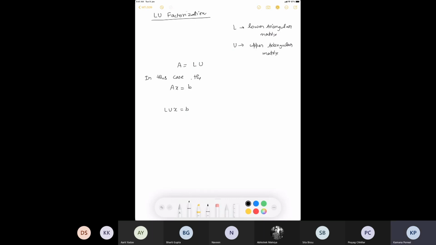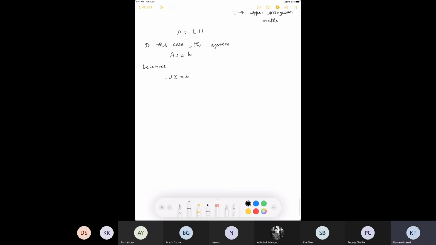Now, if I call Ux as the new variable, let's call it z, because U is an upper triangular matrix and x is a vector, I can form a new system by calling this z. Okay. So then here, what I will get is that Lz equals b.